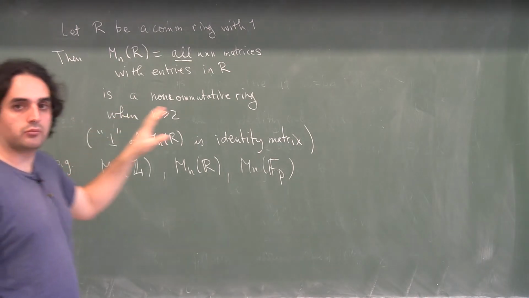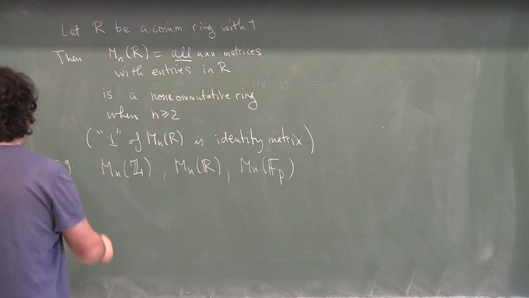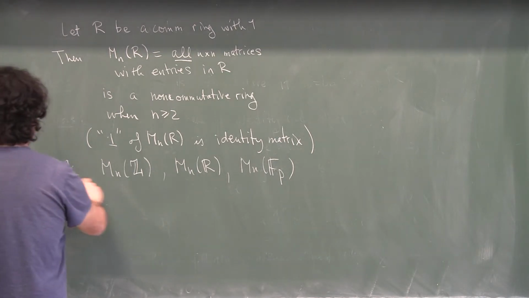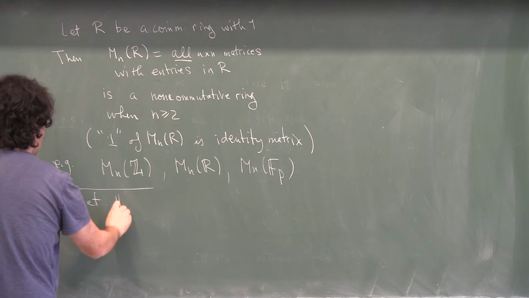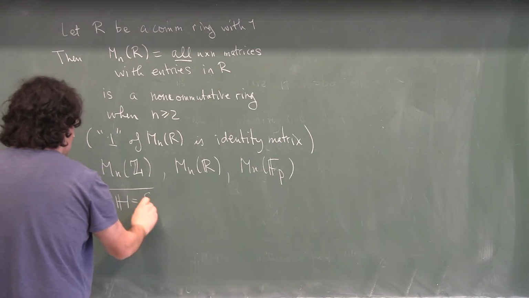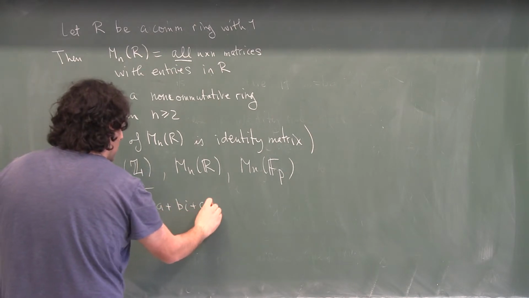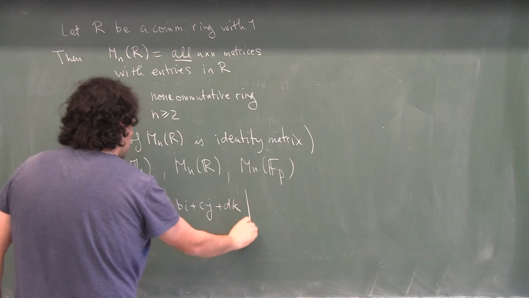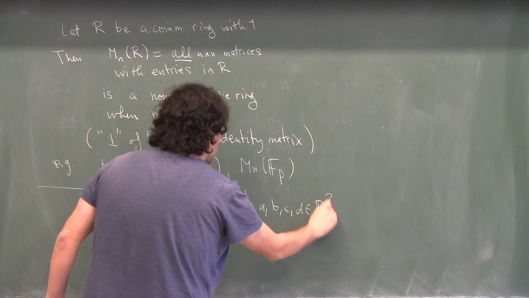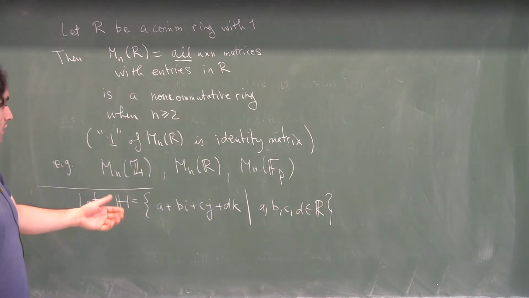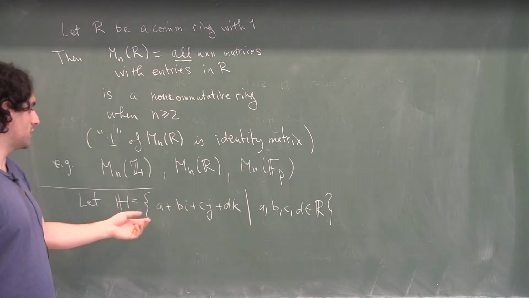Let me give you now just one more example of a non-commutative ring that ties in with something that we did in the group theory. This is now a separate example. Let H be the set of all a plus bi plus cj plus dk such that a, b, c, d are in R. If you want, I've now just specified for you a four-dimensional real vector space.